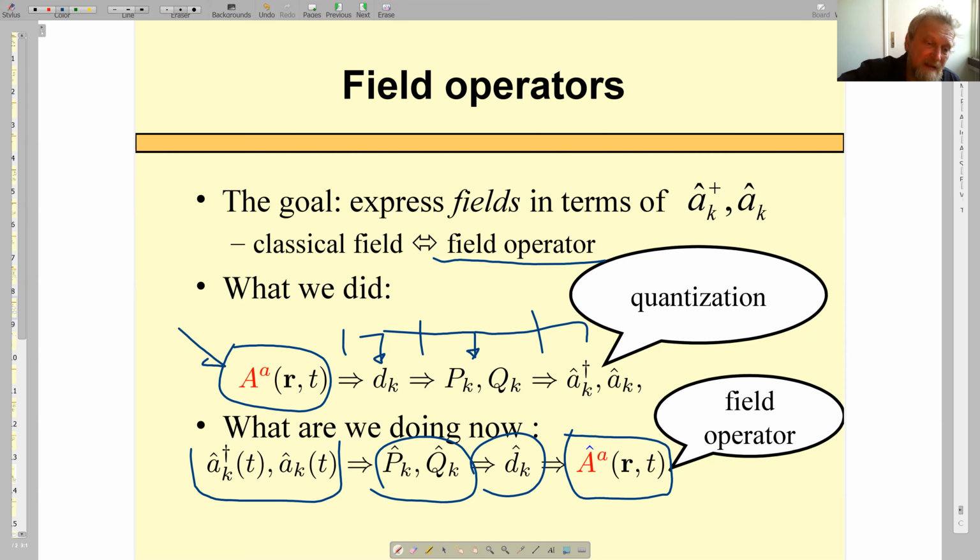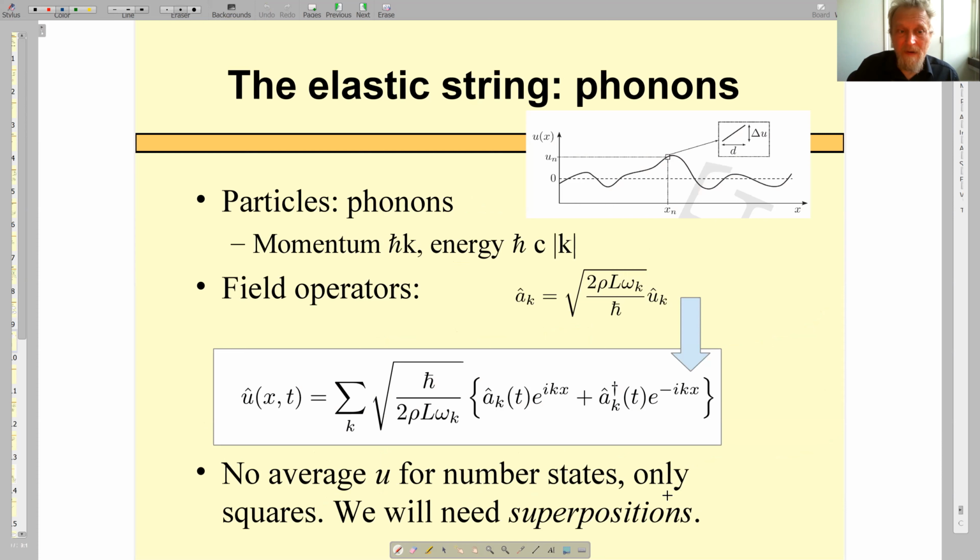So that was the classical value. This is now the field operator. All right, so just an inversion of the formulas which we have already obtained. Right, so that allows me to automate examples.